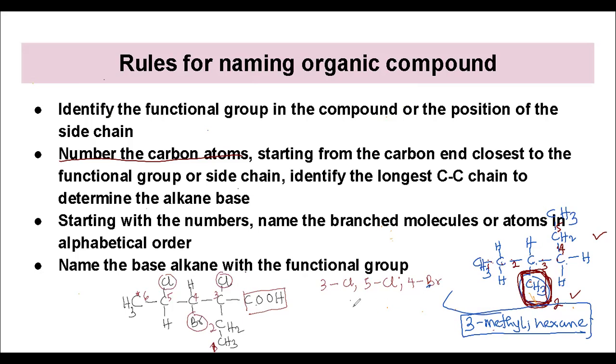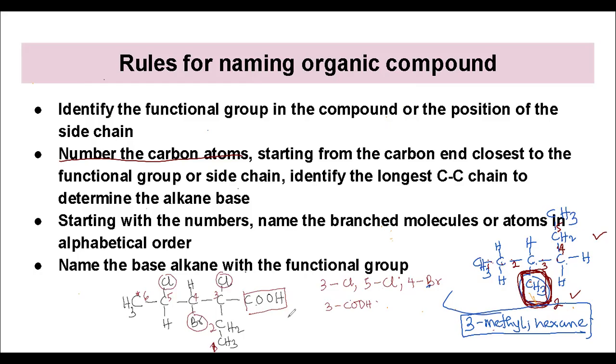Also, my functional group, I need to identify the position. My functional group is also on the third carbon, so 3 COOH. Okay, so I have the position of all the side chains, including the functional group.